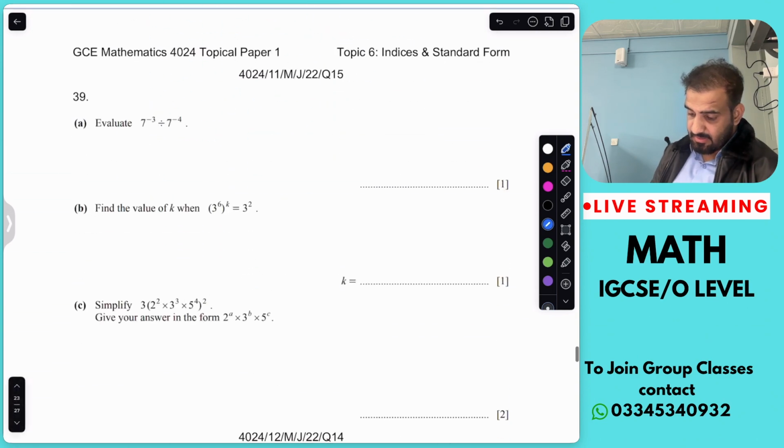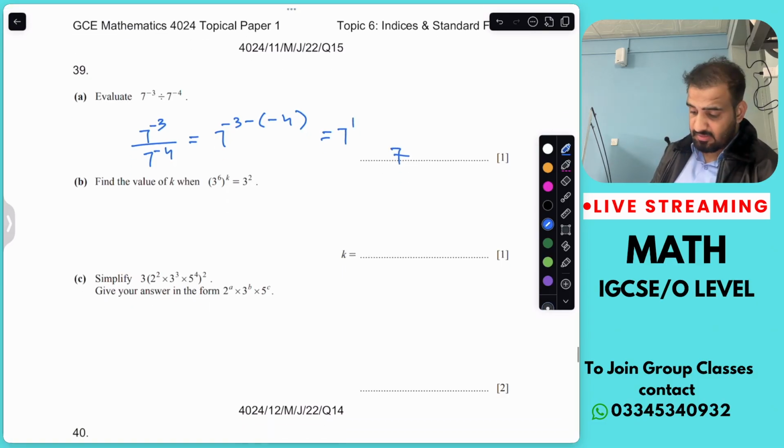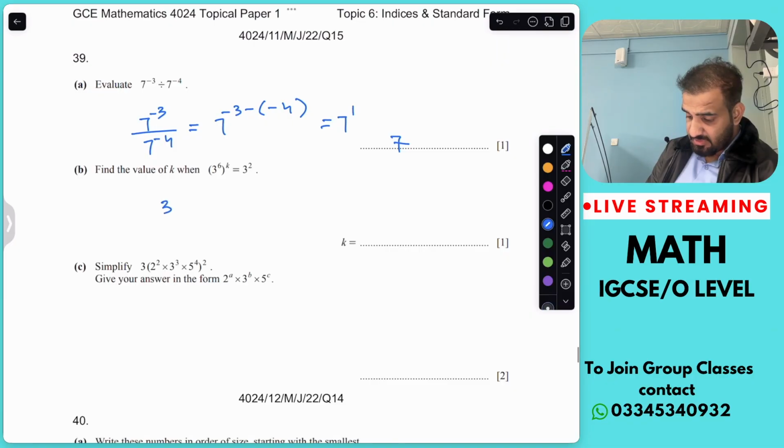Next, 7 raised to power minus 3 divided by 7 raised to power minus 4. Bring this power in the numerator. So minus 3 plus 4 is just 1, so it means the answer is 7. So 3 raised to power 6k is equal to 3 raised to power 2. 6k is equal to 2, k is 1/3.